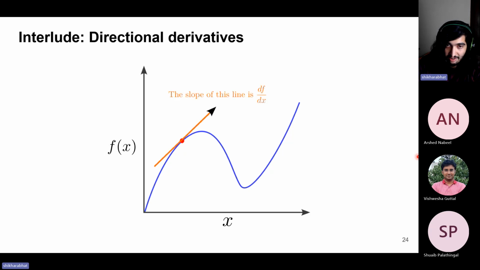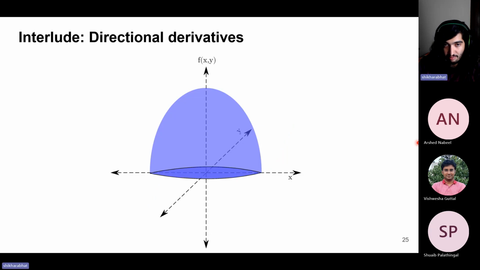You draw a tangent and you say the slope of this line is df by dx, and that's all you have, right? X is the only parameter that little f takes, and so there is only one notion of derivative here. But let's look at something slightly more complicated.